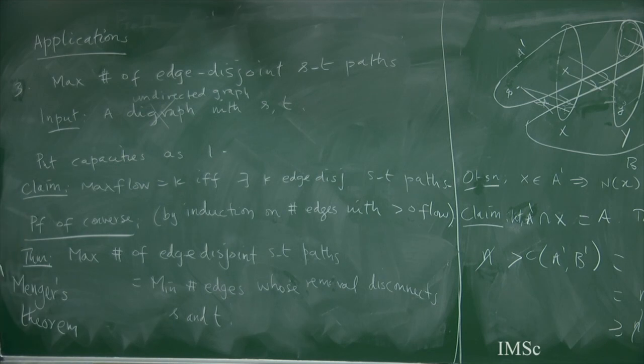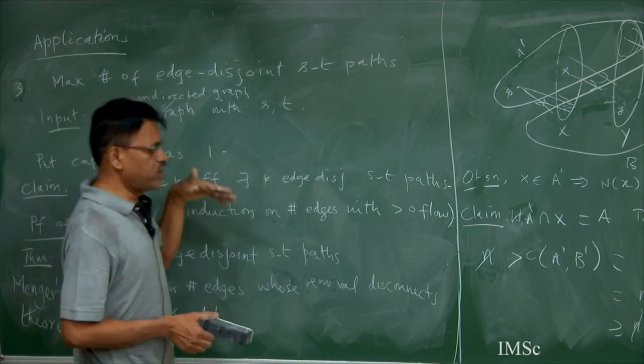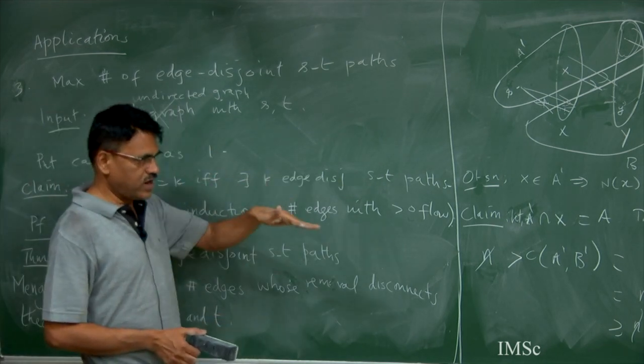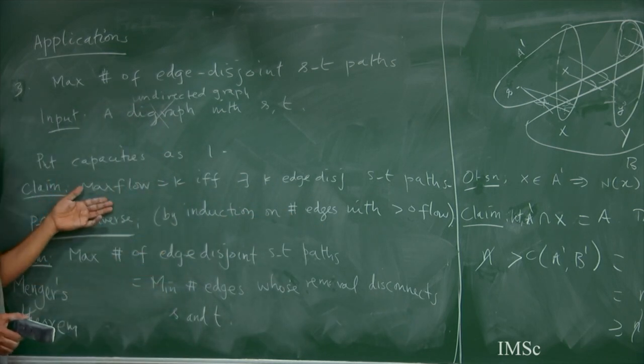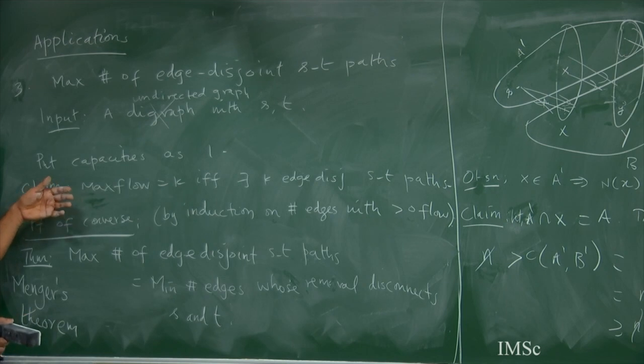You make edges in both directions and run your max flow. If there are K edge disjoint ST paths in your undirected graph, that will correspond to a flow of value K. The converse direction requires a little bit of work.